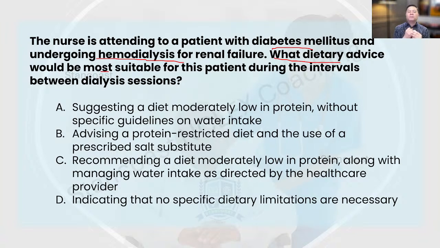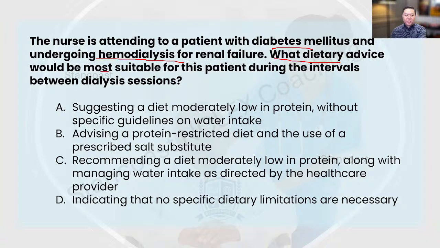For example, the patient will have dialysis on Mondays, Wednesdays, and Fridays. So on Tuesday, Thursday, Saturday and Sunday, they're not going to have dialysis. So what should this patient be eating or consuming on those days? That's basically what the question is asking.